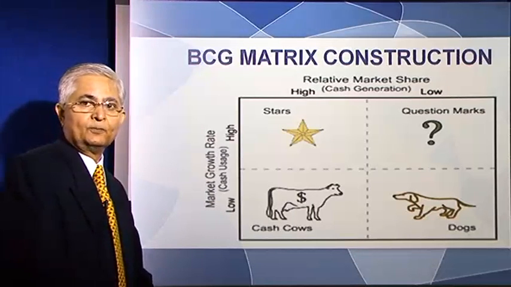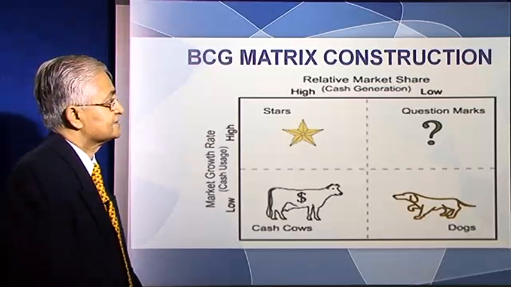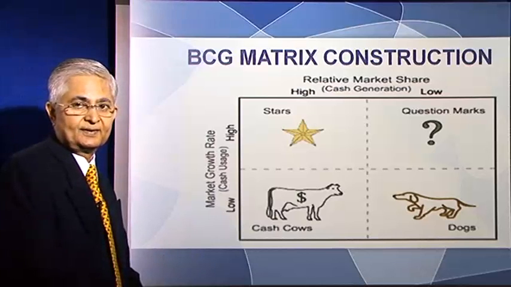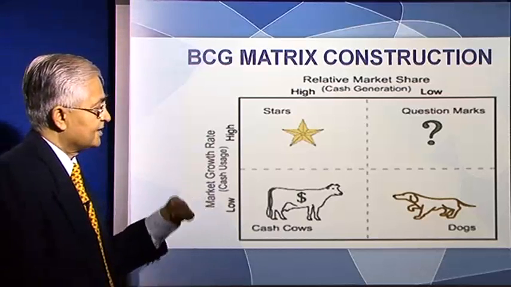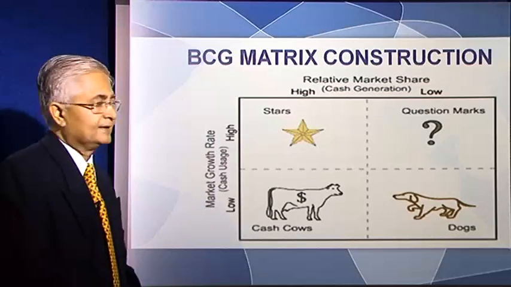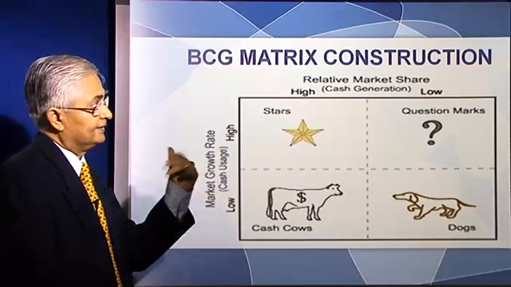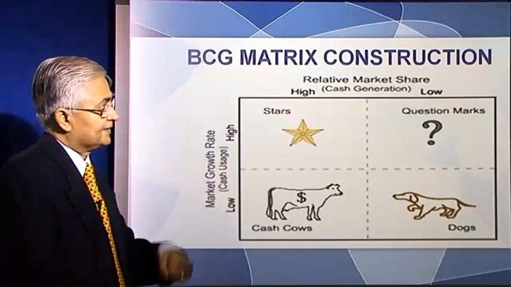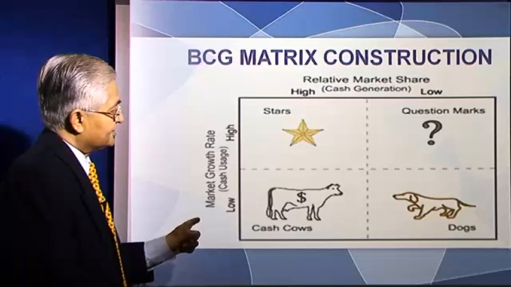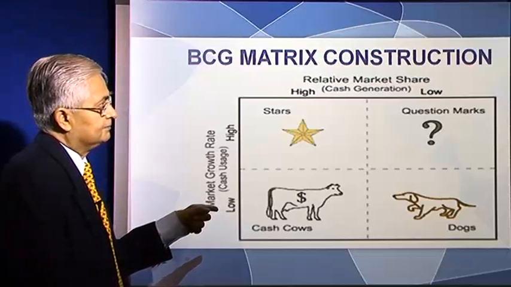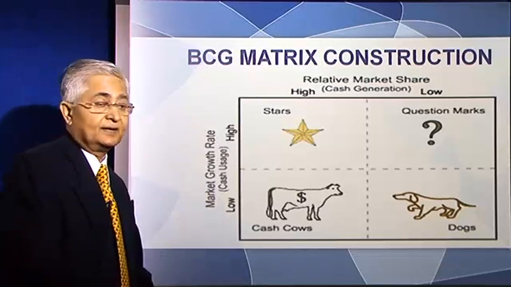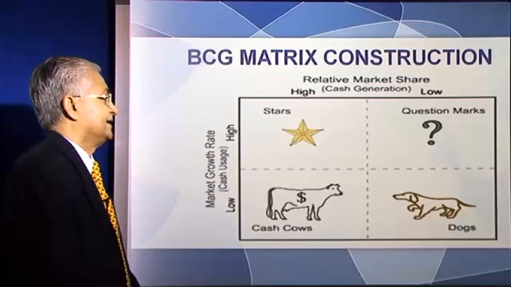Because ITC has a low market share, therefore ITC does not generate much money from these products. However, the money that it generates from tobacco, and which tobacco does not require, can be used in a product like food products. Okay, so cash from cash cows moves to question marks, and these question marks are then converted into stars.